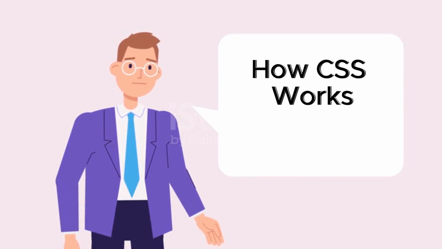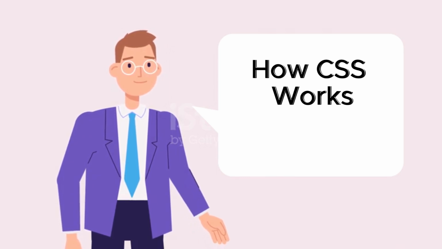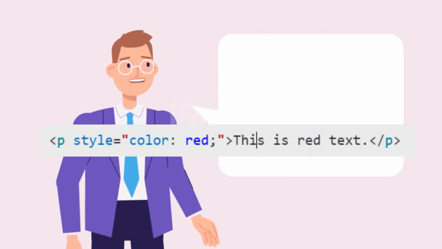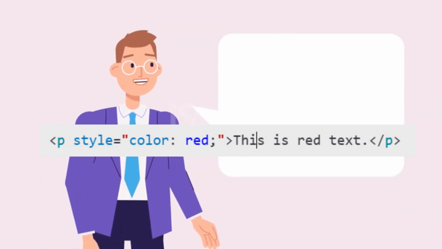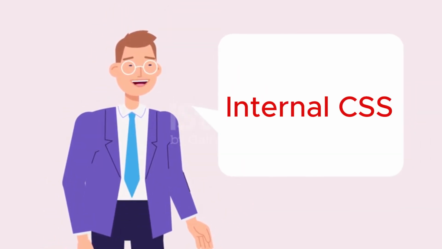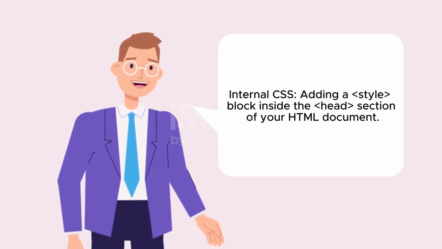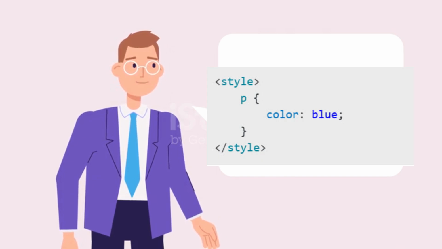How CSS works. There are three main ways to use CSS. Inline CSS: adding styles directly inside an HTML element using the style attribute. Internal CSS: adding a <style> block inside the <head> section of your HTML document, for example.